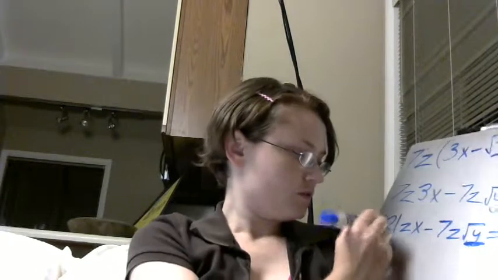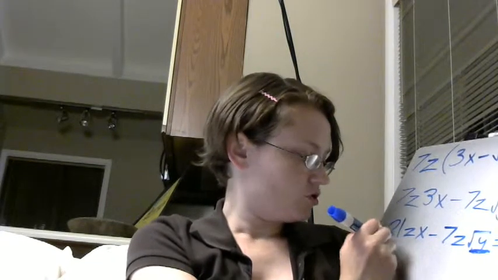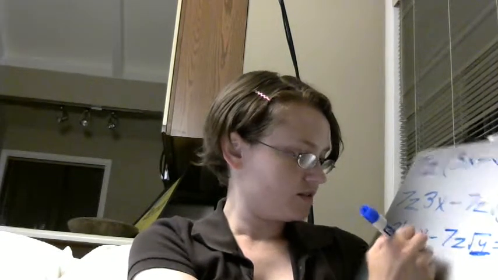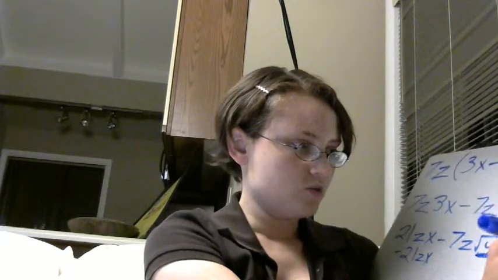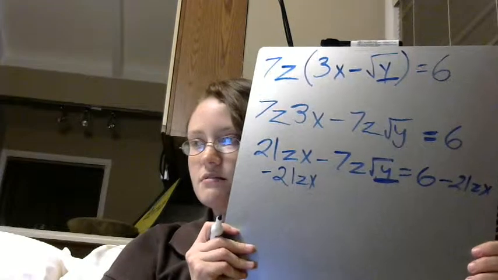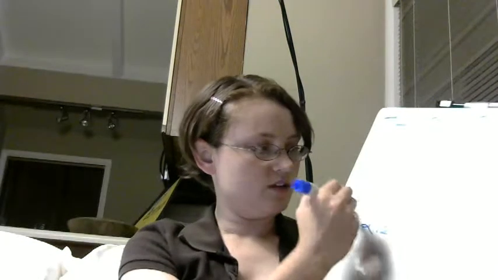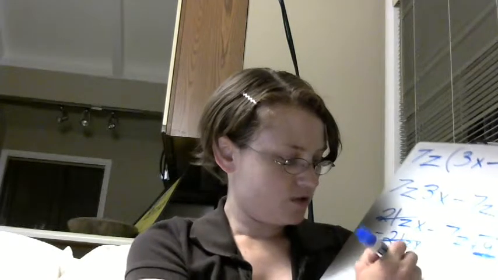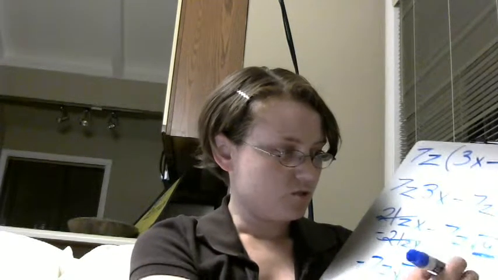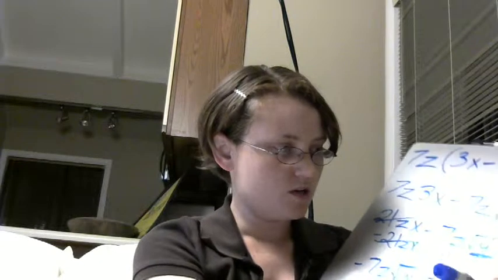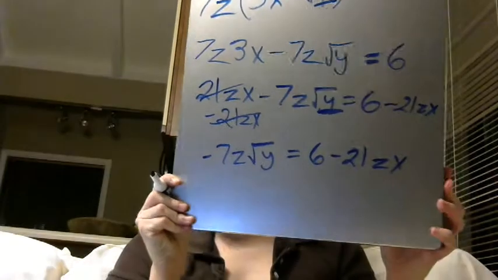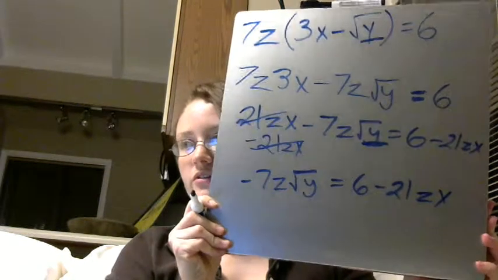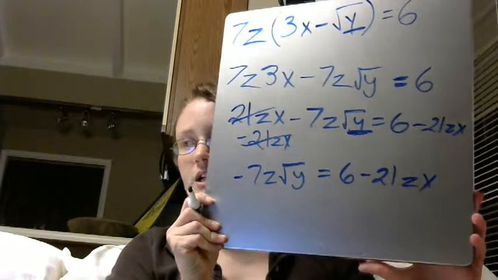So we subtract 21zx from both sides. These two go away, and we're left with minus 7z square root of y equals 6 minus 21zx. That moved the term to the other side.